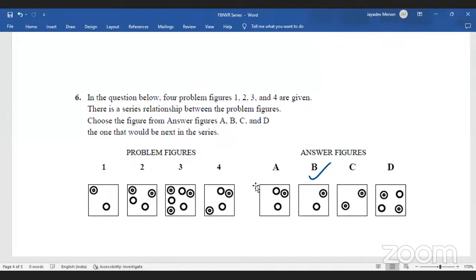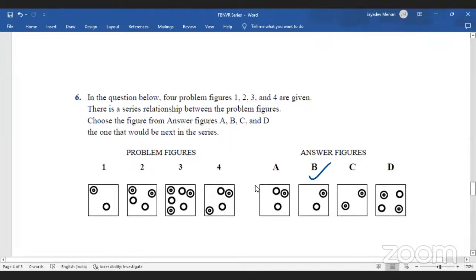In figure 3, we have a total of 6 circles, 3 circles with the same marking and the other 3 circles with another mark. Now, in figure 4, the number of circles decreased by 2. We have only 4 circles here, 2 circles with the same marking, 2 circles with the other marking.